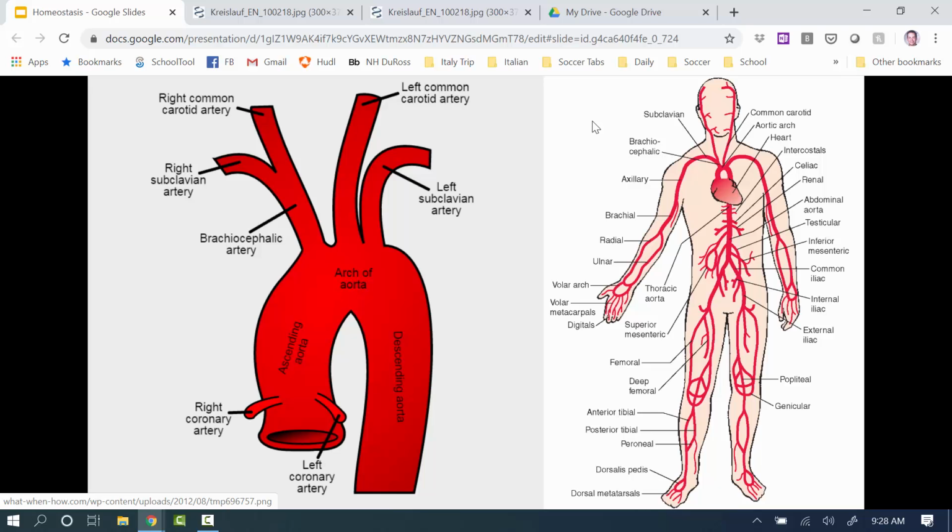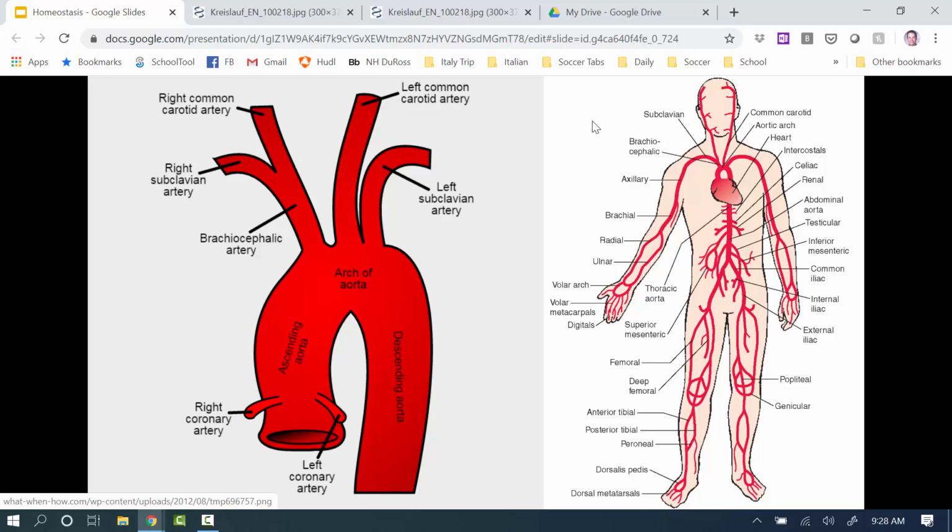So as blood flows through the aorta, that's this red artery at the top, it branches off, and you have these various arteries. These two, the carotid arteries, go up each side of your head and deliver blood to the brain.